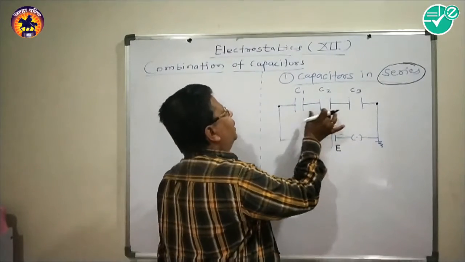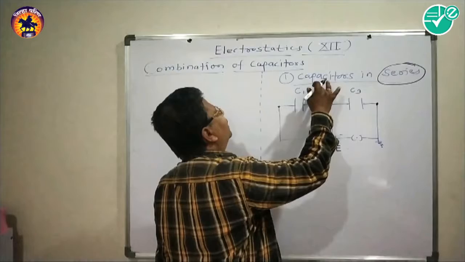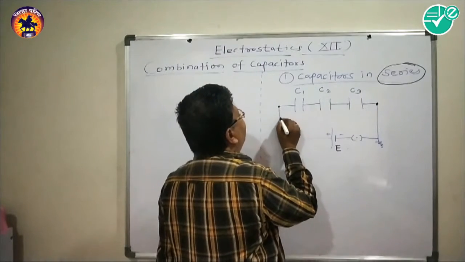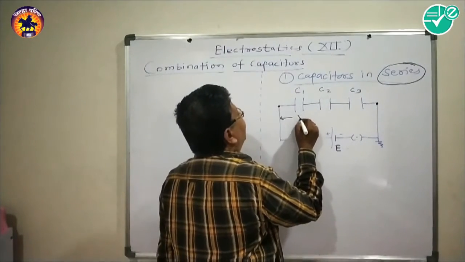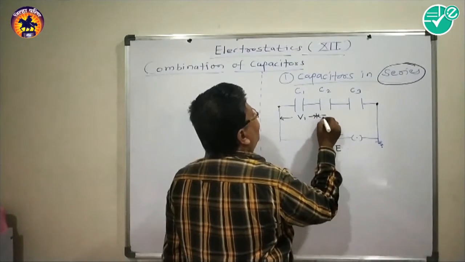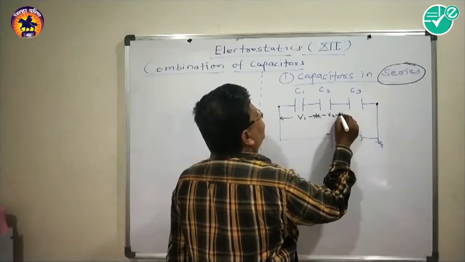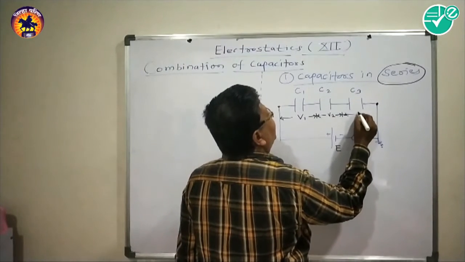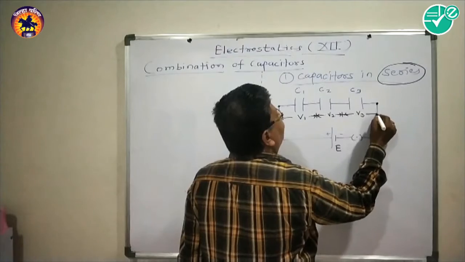as these three capacitors having capacitance C1, C2, C3 are connected in series, the potential difference across C1 is V1, across C2 is V2, and across C3 is V3.